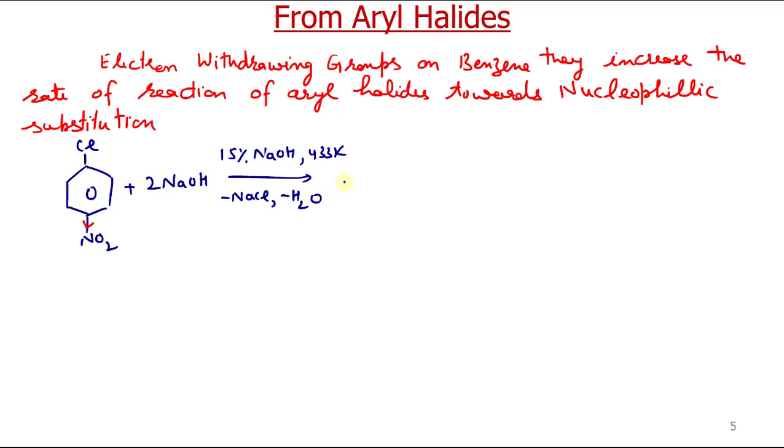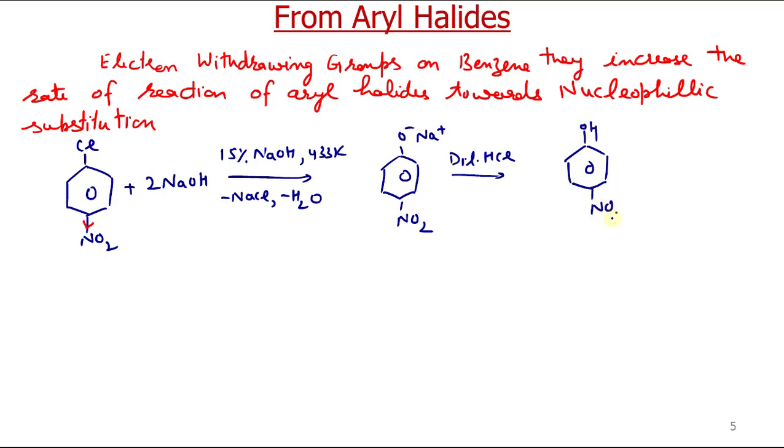The rest of the reaction is the same, it just occurs under less harsh conditions, at low temperature, and it can now even occur at atmospheric pressure. Upon adding dilute HCl, it will give you this compound, OH, NO2, para-nitrophenol.